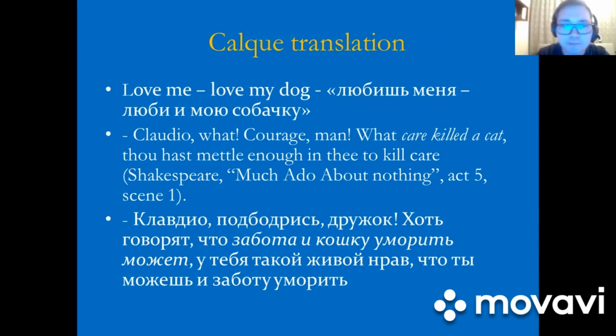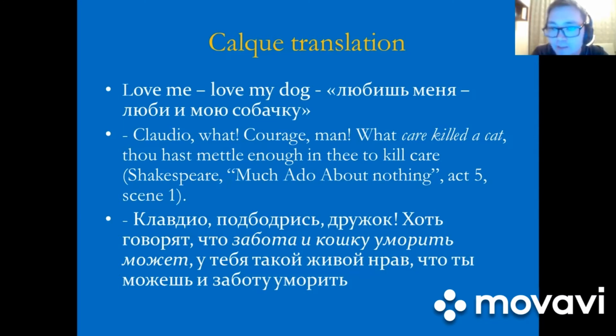which are given on the screen. Love me, love my dog. Любишь меня, люби и мою собаку. So we can see that in Russian, we just translated the English phraseological unit into Russian literally.